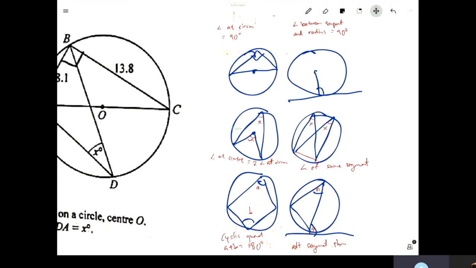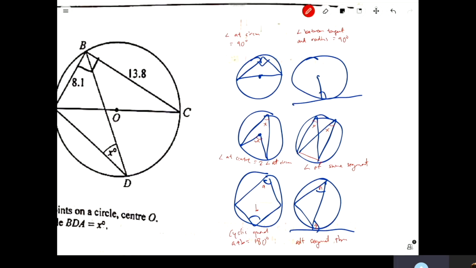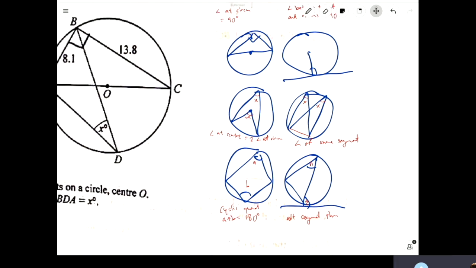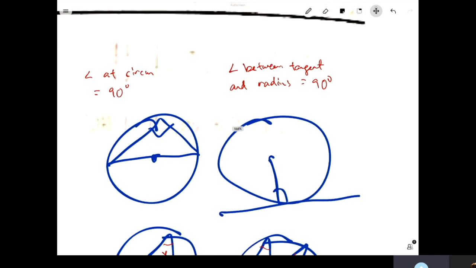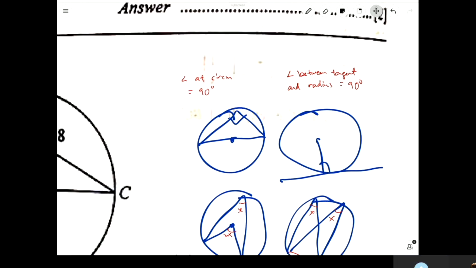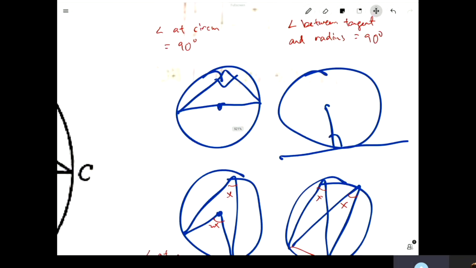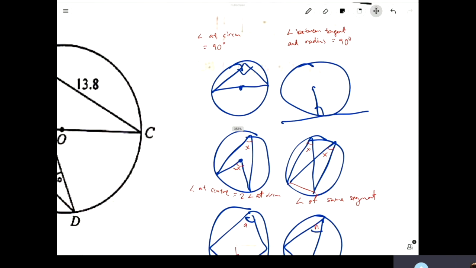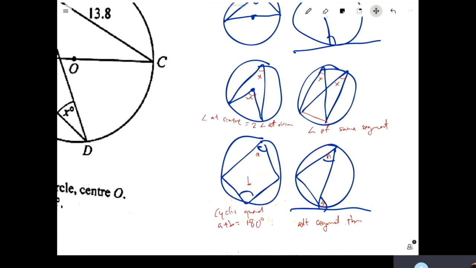I don't want you to spend too much time remembering the words, but they ask for the reason every single time. Don't leave it blank. Just write something, like angle at circumference 90 degrees. These are the common ones.